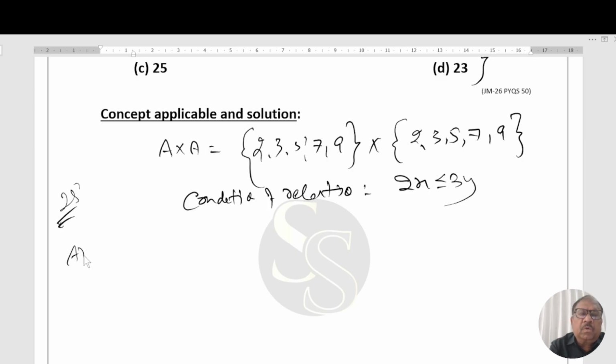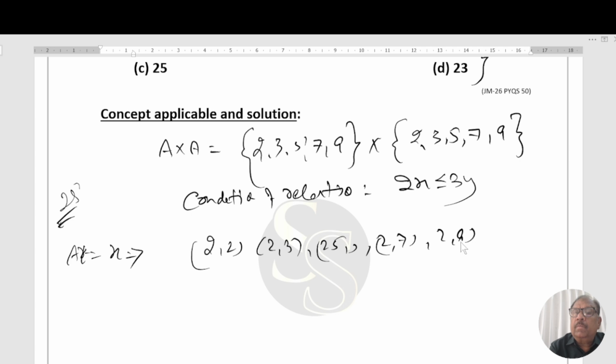So at x equal to 2 we make the ordered pairs (2, 2), (2, 3), (2, 5), (2, 7), (2, 9).